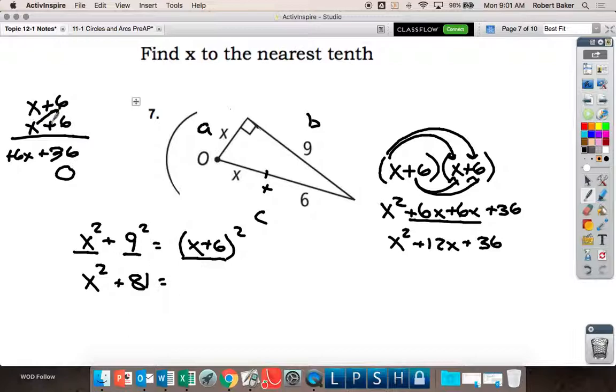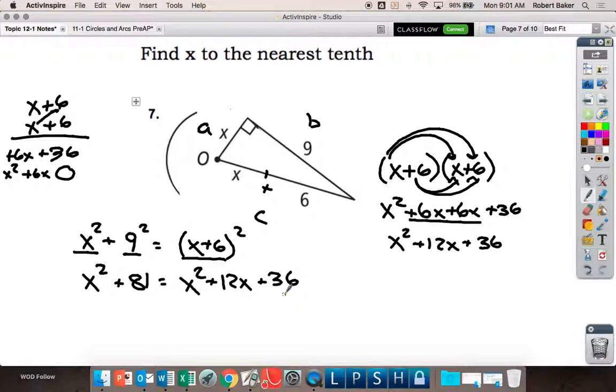X times 6, positive 6x. X times x, x squared. So now everything kind of falls down. You get x squared plus 12x plus 36. I like doing that better. It makes everything all organized and pretty. Does that kind of make sense? So that's better than first, inner, outer, last. It's 6 of one, half dozen of another. Either way, we're left with x squared plus 12x plus 36.